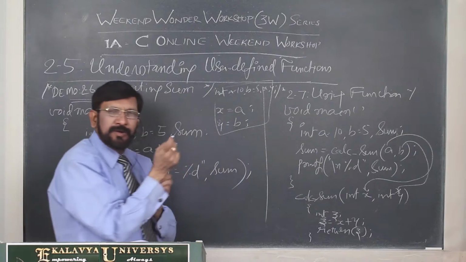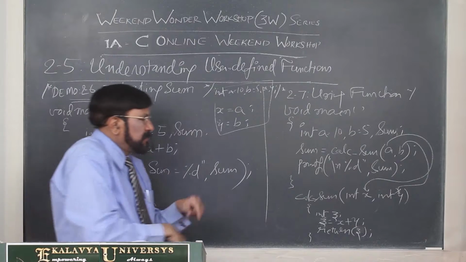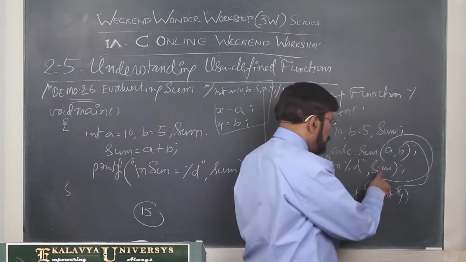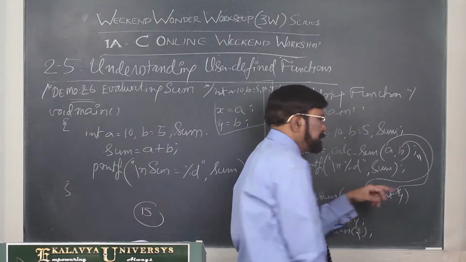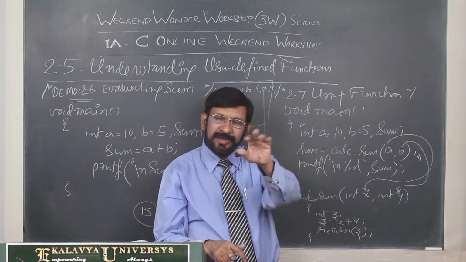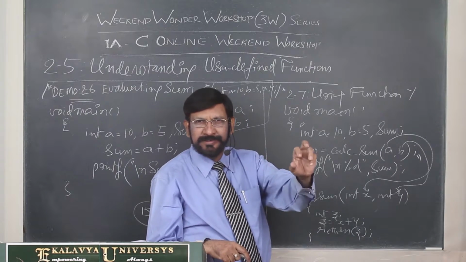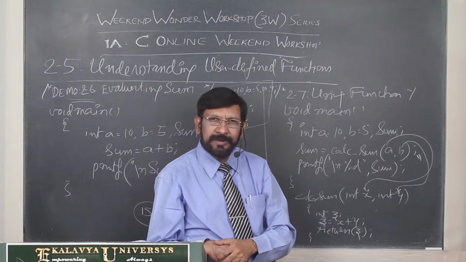Why do you never get a doubt? Because of the proximity, they are side by side. You never get confusion. But here also the same assignment is being done, but in an invisible manner. You cannot see that. Internally it is happening. That is the confusion. People feel it is magic. Wherever there is magic, you can never get command.